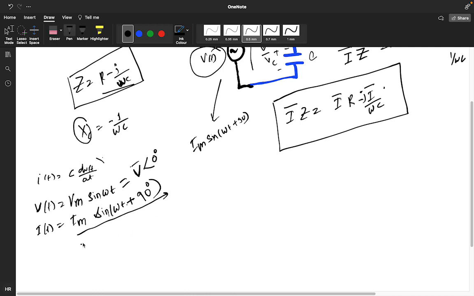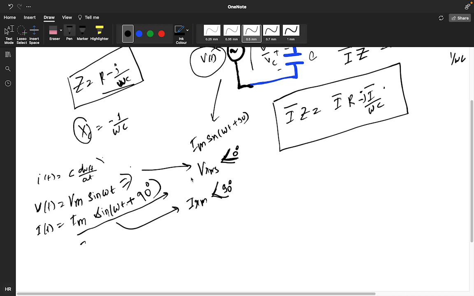And if you write this in polar form, the current will come as IRMS at an angle of 90 degree.